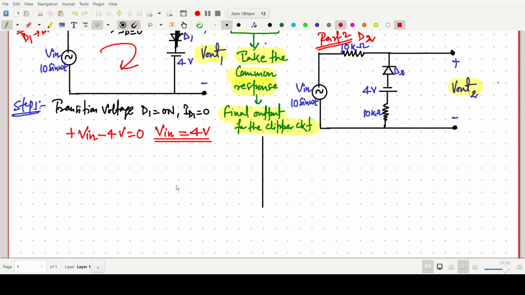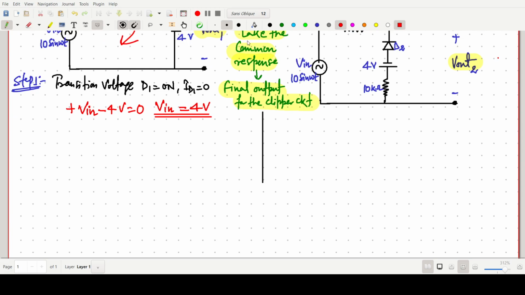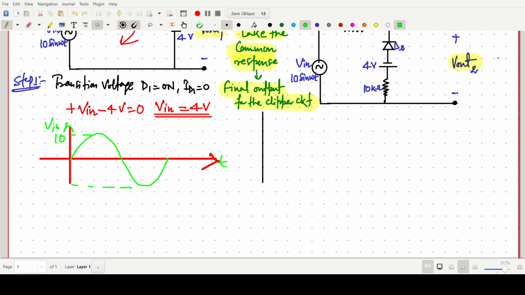The meaning of transition voltage is that when we give a sinusoidal signal, V in, which is 10 sin omega t, this will be 10 and this one is minus 10.